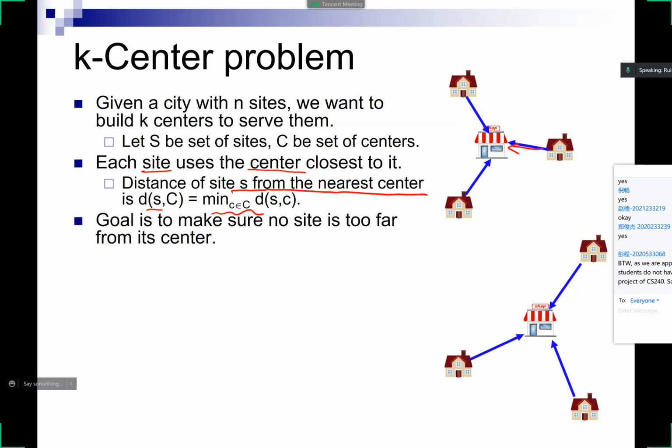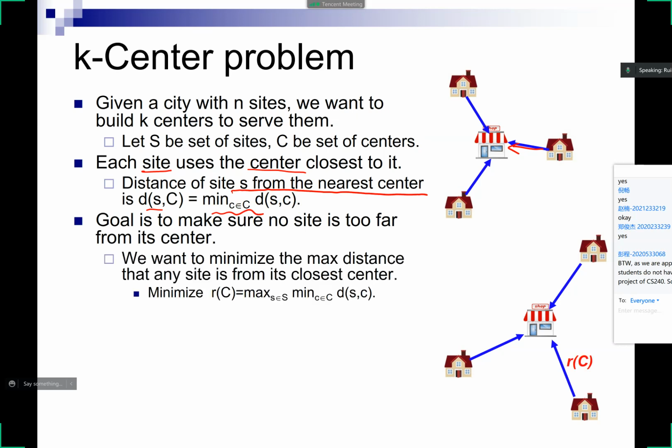Our goal is to make sure that all of these sites are close to their nearest center. The way to write that is, for each site S, we map it to its closest center. Now you want to look at all of the sites and see which site is the farthest from its center.